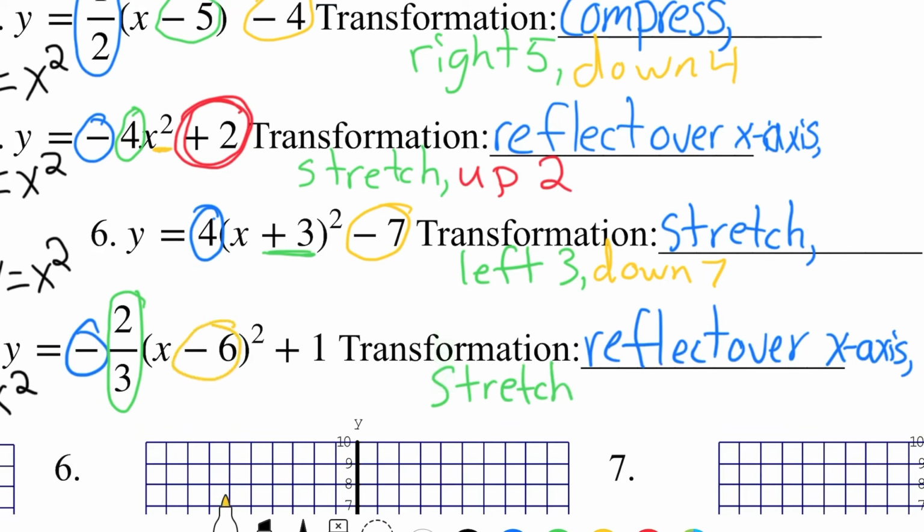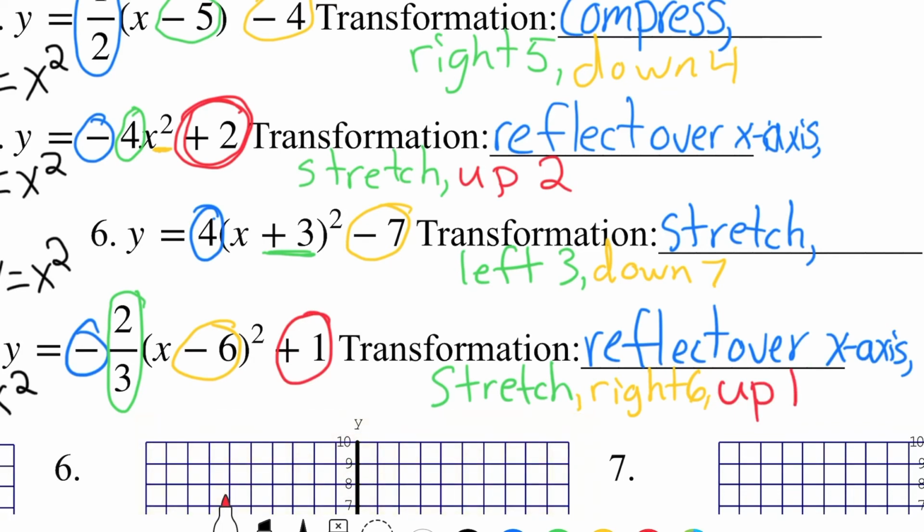Our subtract 6 or -6 is on the inside. If we were going to be obedient, it would be left 6, but we're disobedient inside, so we are going right 6. And we have +1 on the outside, obedient to it, we're going to go up 1.